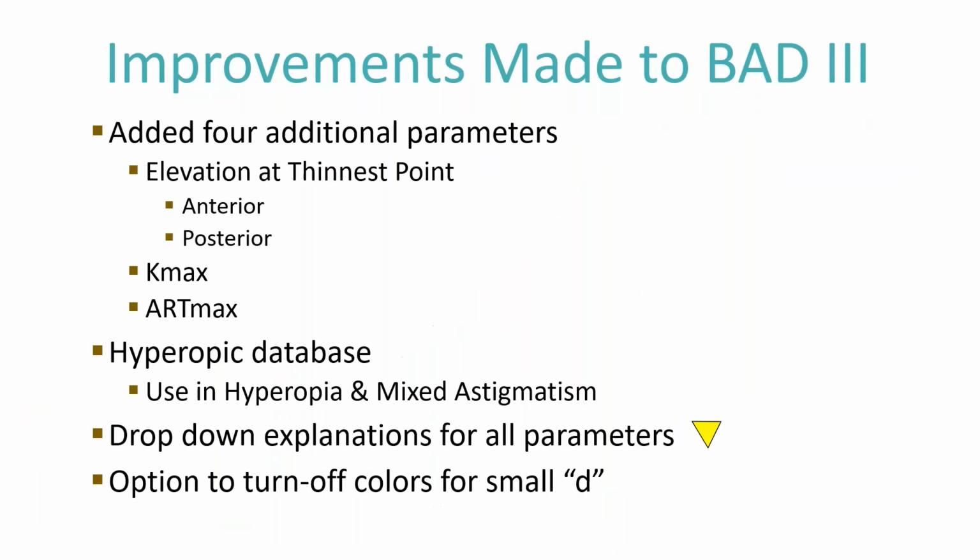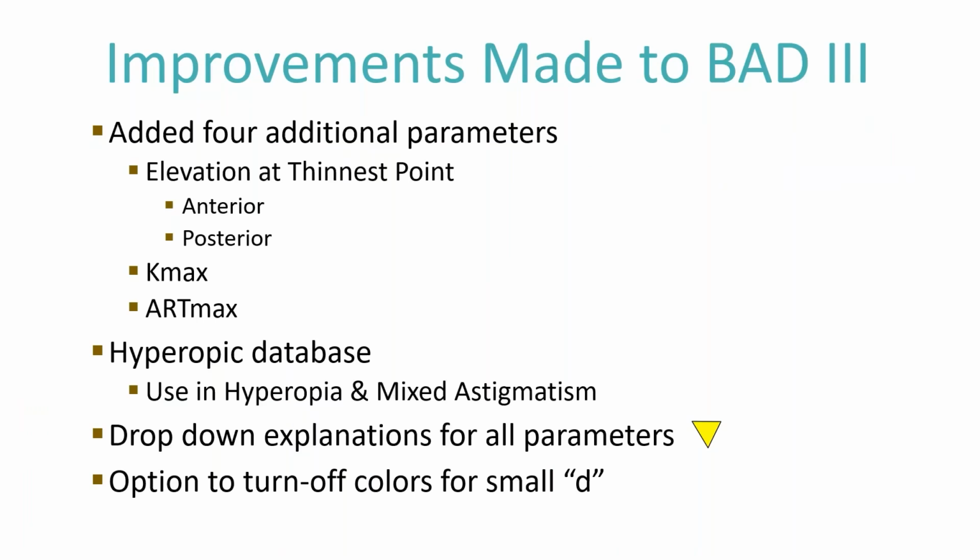Again, this is version 3, which is the version I believe all of you are currently using. We added elevation at the thinnest point, both at the anterior surface and at the posterior surface. We added ART max, which is Ambrosio relational thickness, another pachymetric progression parameter. And we added K max. I'll discuss K max a little bit later.